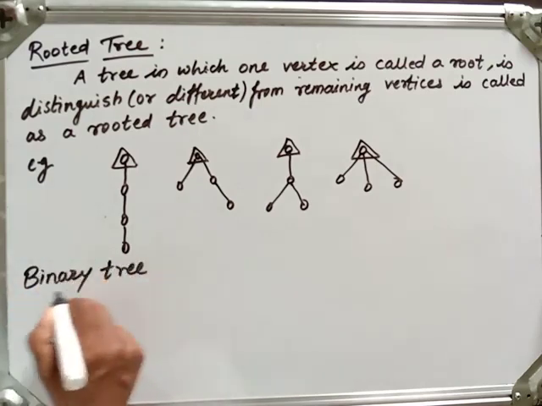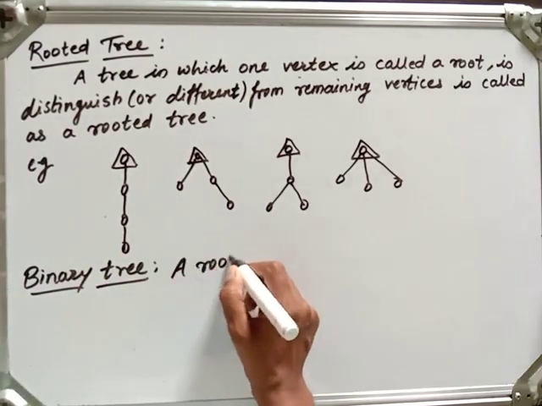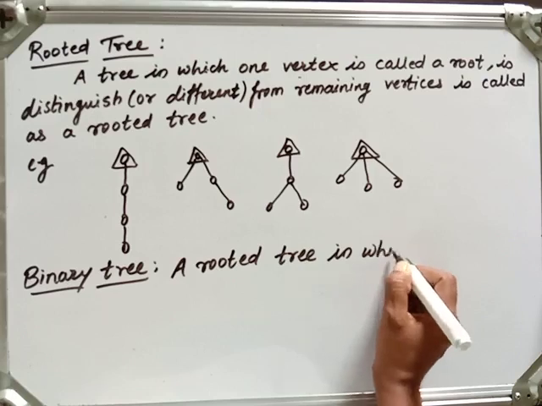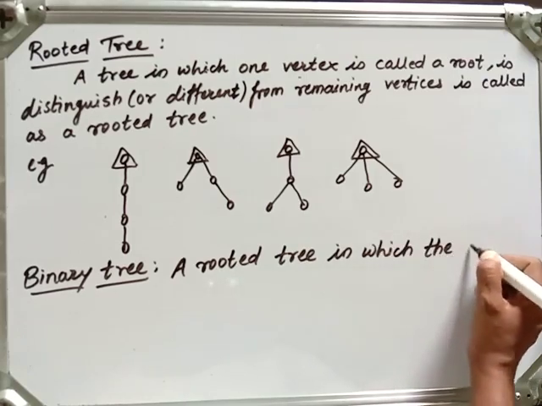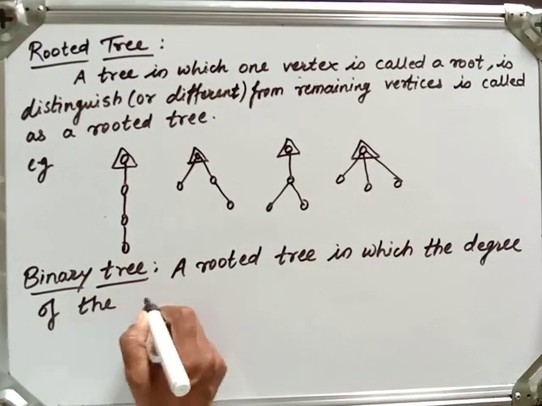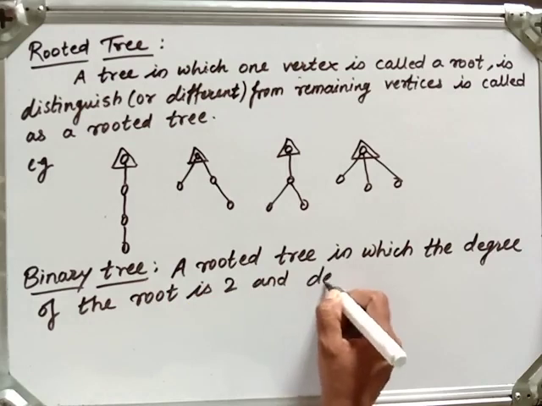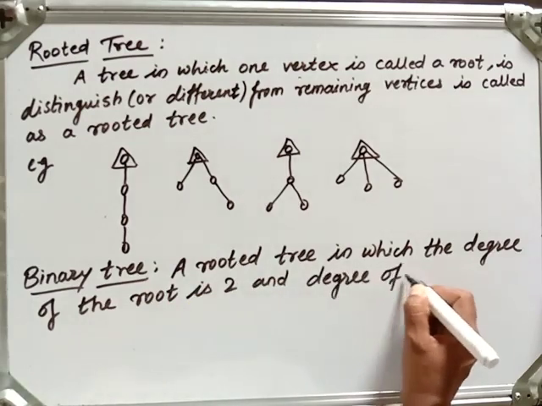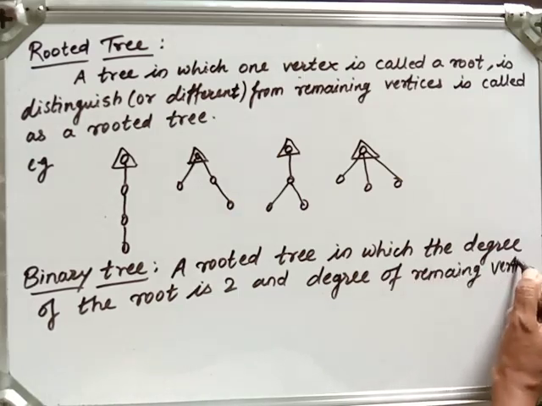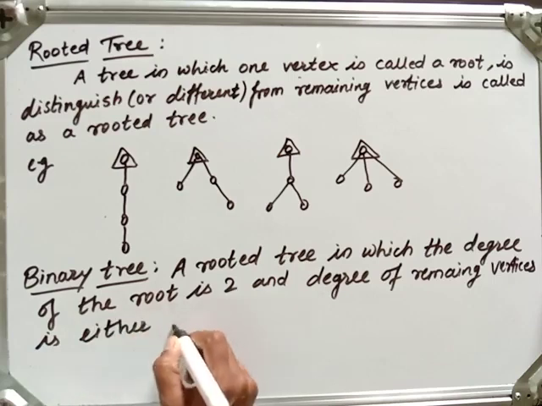What is the definition of it? A binary tree is a rooted tree in which the degree of the root is 2 and the degree of the remaining vertices is either 1 or 3.